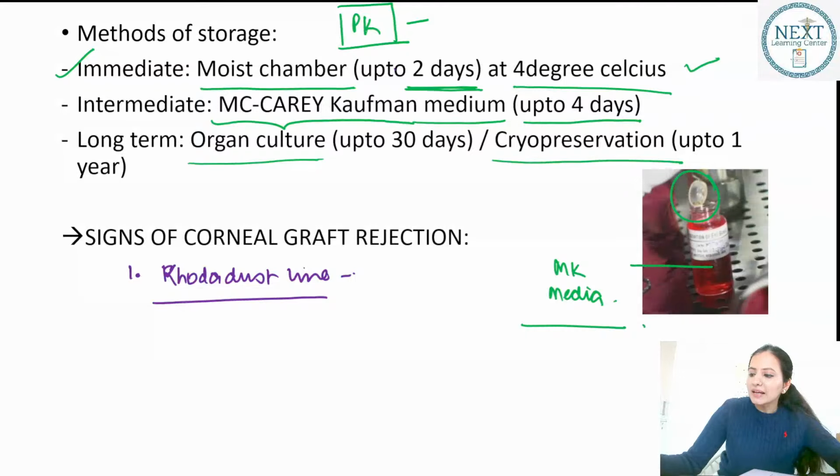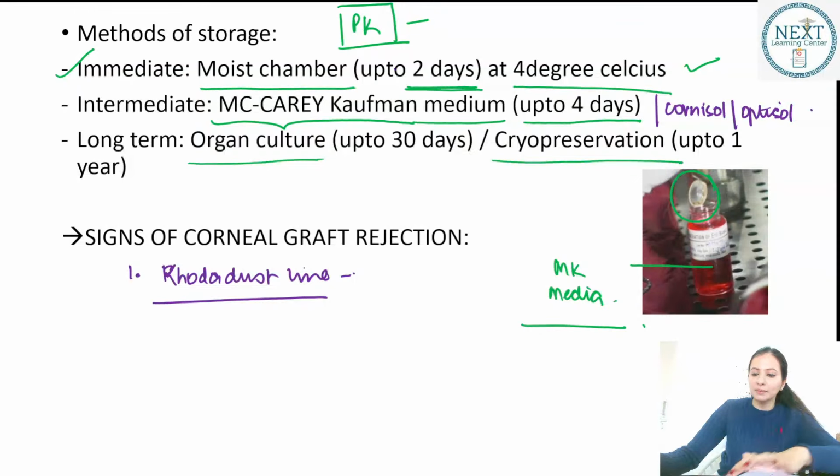There are also Optisol and Cornisol, which are also intermediate. But these are not very important. The one that you will get in exam is your McCarey-Kaufman medium, which looks like this.